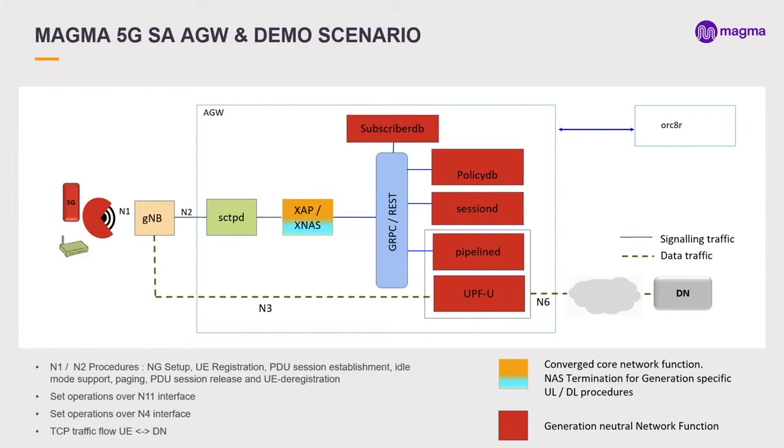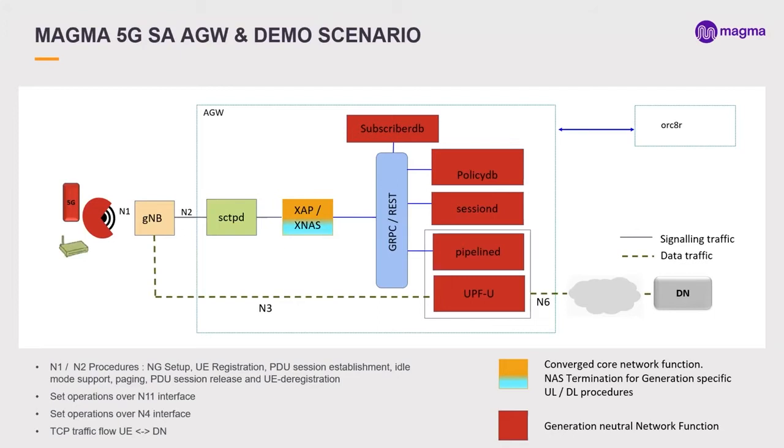The elegance of Magma you can observe in the XAP and XNAS, meaning the access protocol, whether it is S1AP of 4G or NGAP of 5G, the application protocol for the access side. Then the 4G NAS and 5G NAS termination happen in the front. In Magma today, the daemon is named MME. Eventually, that is going to be renamed to access daemon.